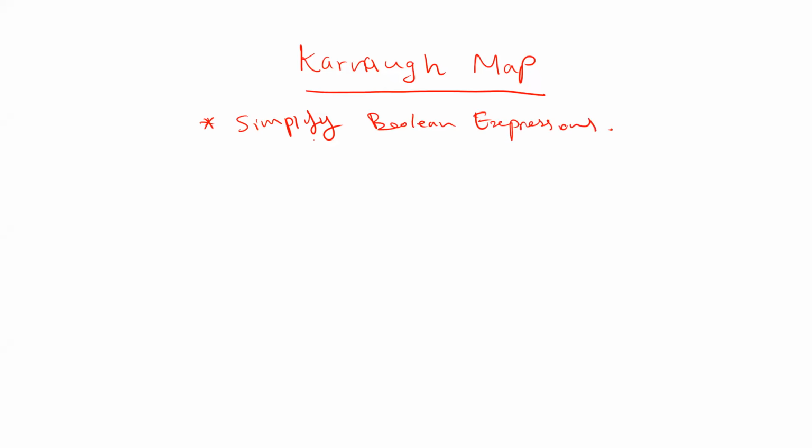We are going to simplify the Boolean expressions with the help of Karnaugh Map. And here we have certain things to remember. We have certain diagrams to draw. You will have to remember all, and then you will be able to easily convert existing expressions into simple ones, right?